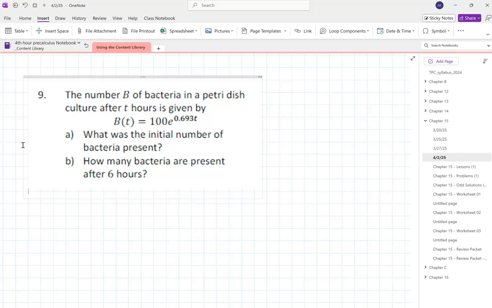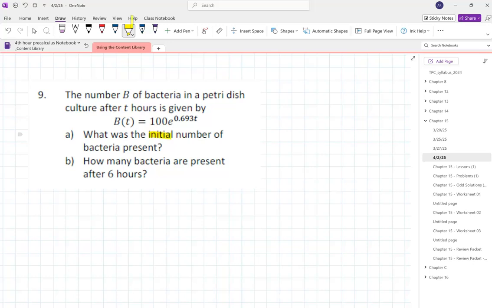What is the initial number of bacteria present? So when you hear the word initial, what time is initial? 0. So we'll just do B of 0. If I plug that in for the T, I'm going to get 100.